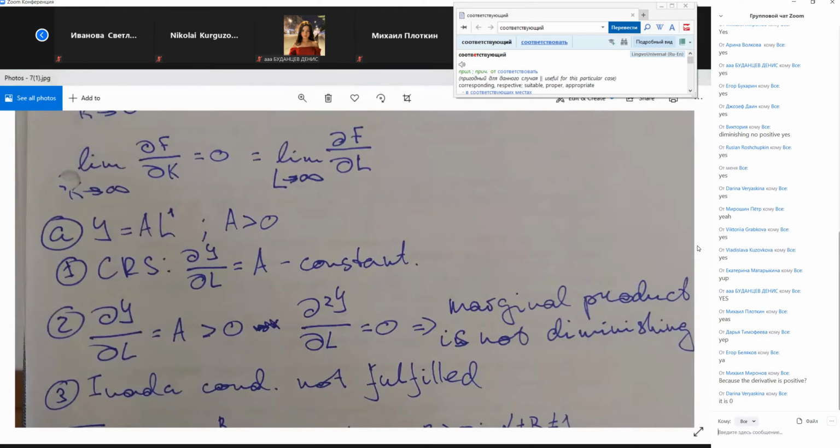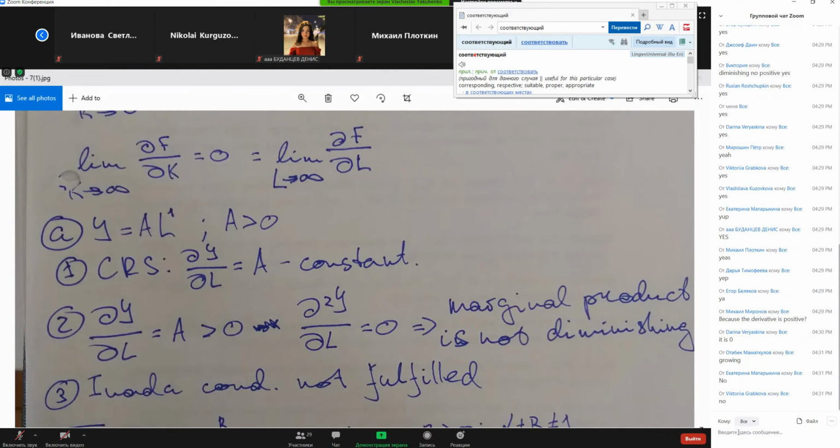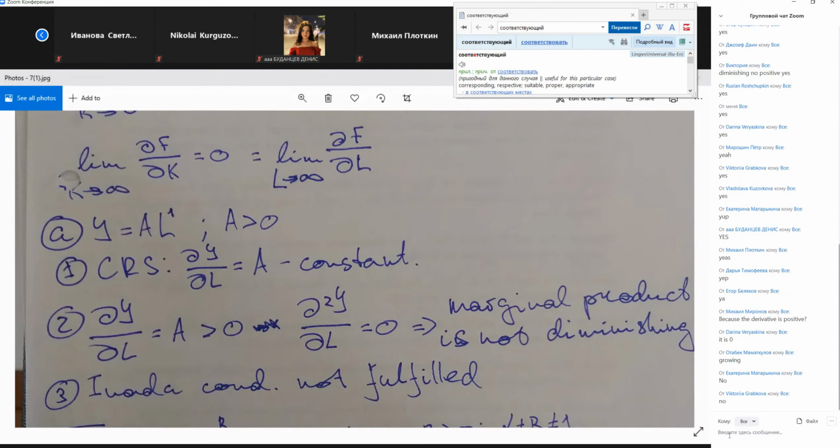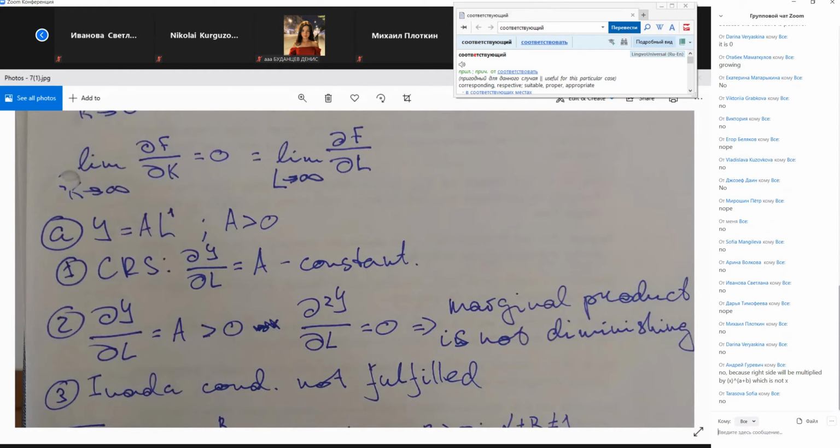What about B? Does it have constant returns to scale? No, exactly. We cannot even say... Oh, this was a very, very nice answer.